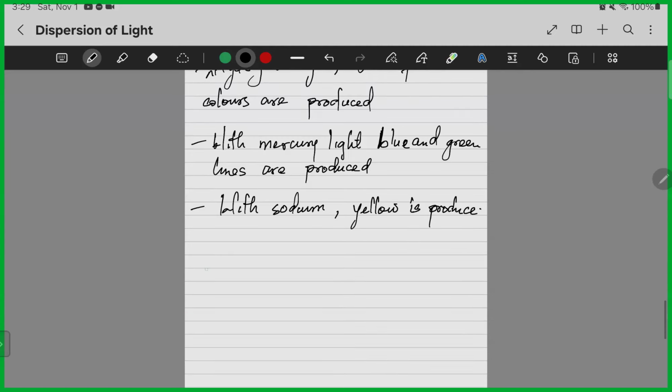So we can define something called angular dispersion. Let's define that.